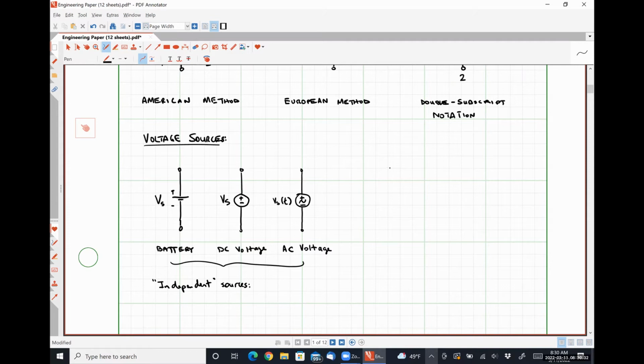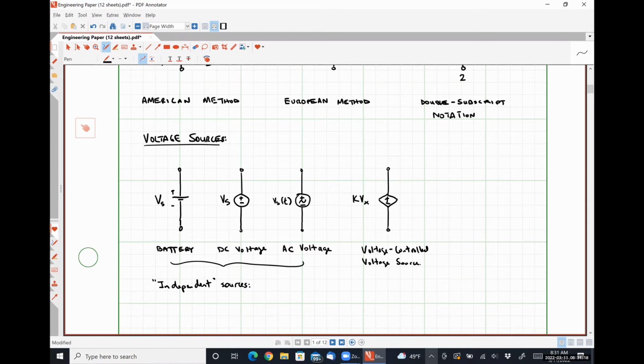Now we have two more that I'm going to put over here to the right, and you guys are going to hate these. Just throw it out there. So this first guy that I'm drawing here is what's known as a voltage controlled voltage source, or VCVS.